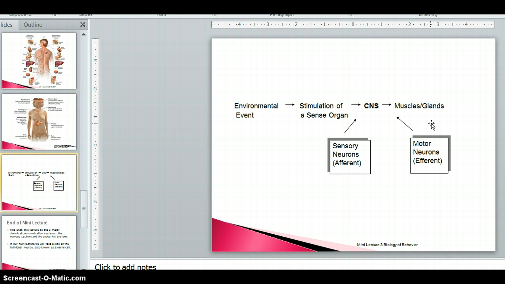In this case, writing down a word on a piece of paper. The neurons that transmit information from the central nervous system to the muscles and glands are the motor neurons, sometimes referred to as efferent neurons.